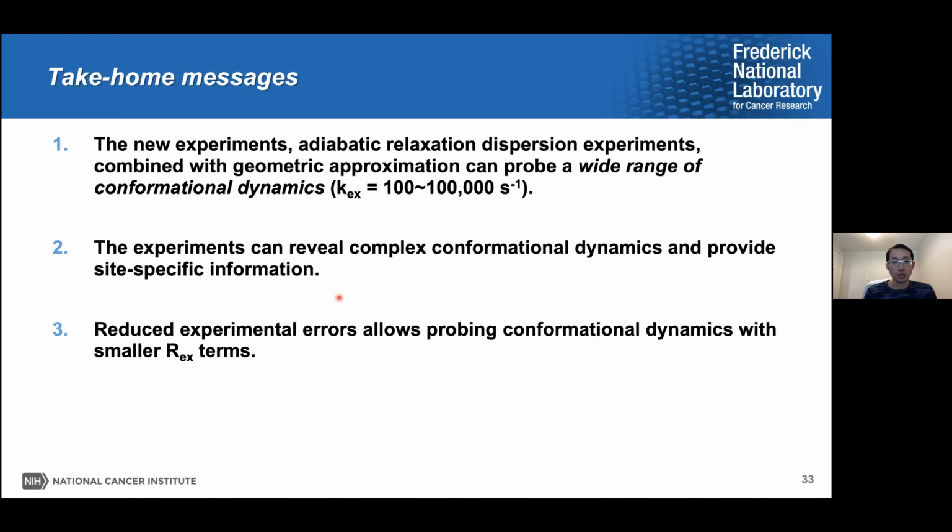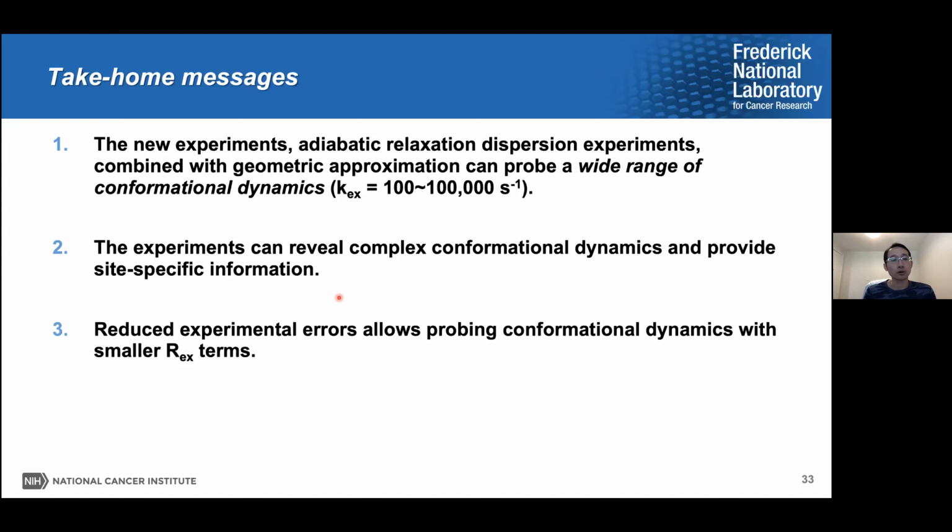And again, the reduced experimental error allows us to probe conformational dynamics with smaller Rex terms. If you have a large Rex term, to be honest, it doesn't matter what technique you are using. You can even use CPMG or R1rho or whatever technique, and you will see it for sure.